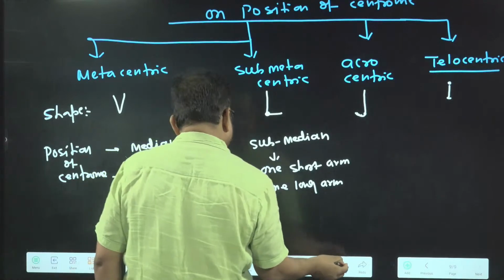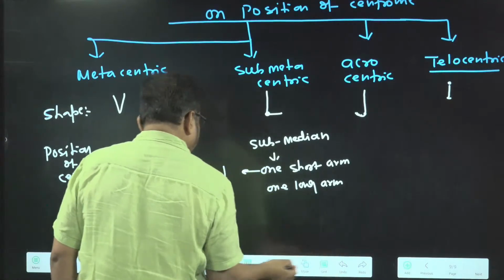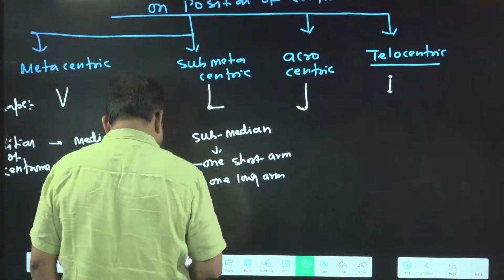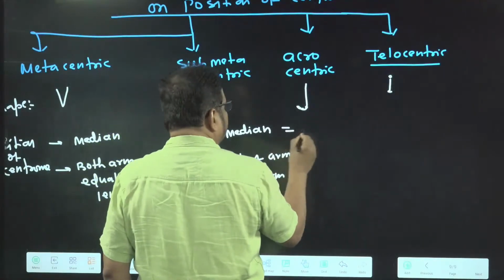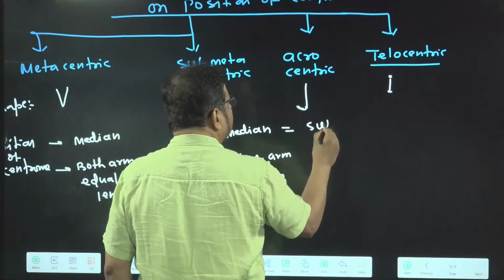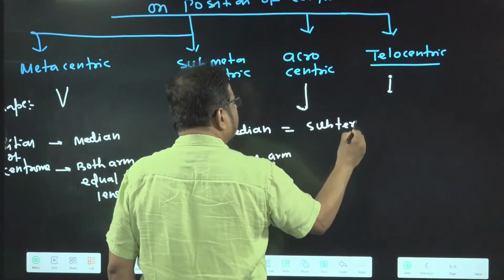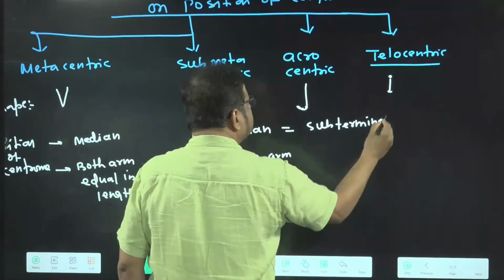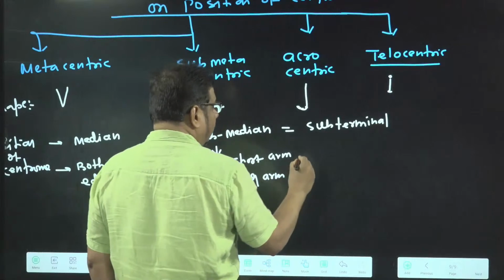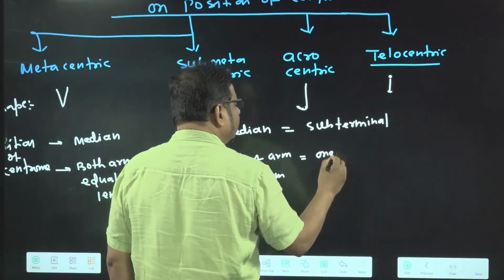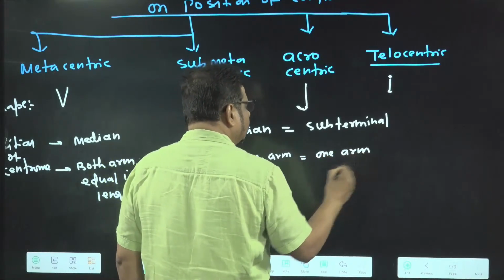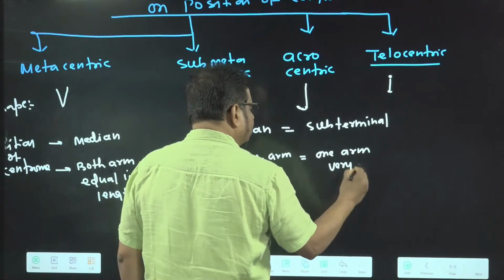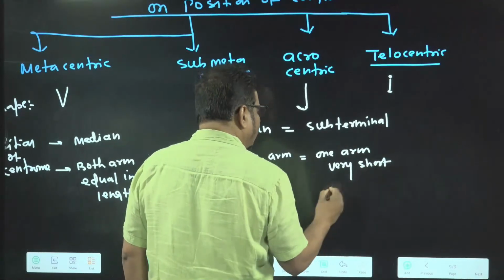I will draw in the diagram and I will tell, don't worry. Wait a minute. Then here what happened? J shape one is subterminal. Subterminal centromere, not on the tip, in the subterminal region. And one arm very long, one very short.